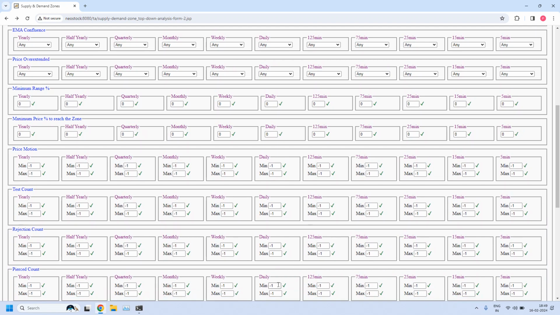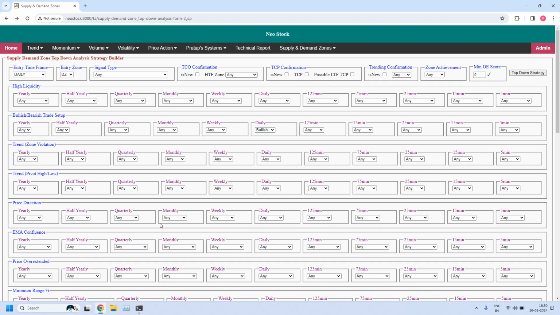So on daily time frame, I am setting pierced count to 0 and 0. See, till yesterday's report, we looked for only fresh zones, because some people are interested in the high liquidity zones, as they might have been already tested. So to help them, I don't want to filter those zones. But we never trade on pierced zones, so I'm setting pierced count 0.